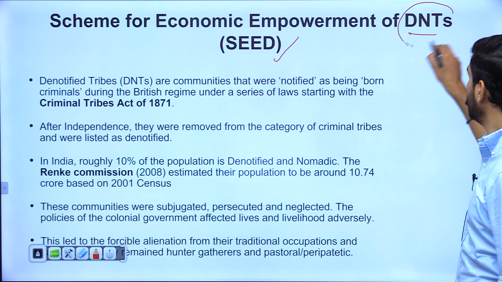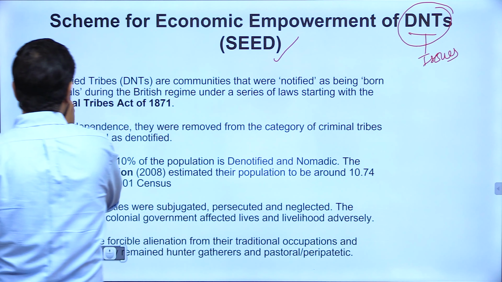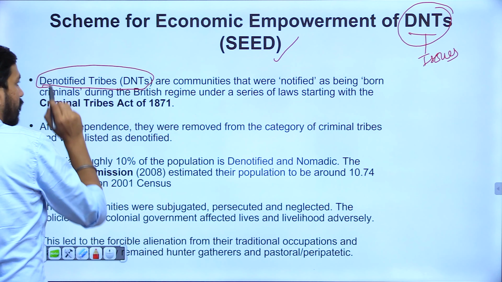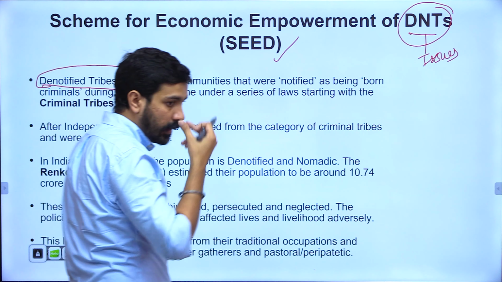So before going on to the SEED scheme, first of all let's understand what DNTs are. DNTs are called the Denotified Tribes. You must have read it in your class notes or in your newspapers as well. Who are these communities? These are communities who were notified as being born criminals during the British administration.